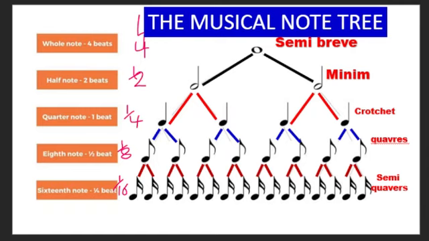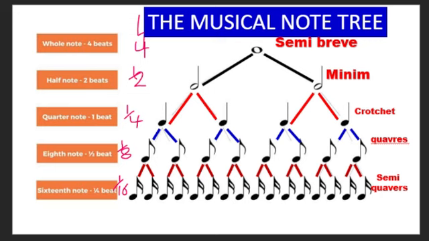Under the first one, we look at the musical note tree. Under the musical note tree, we look at various notes and their values, so that you can know how many beats are in each note.